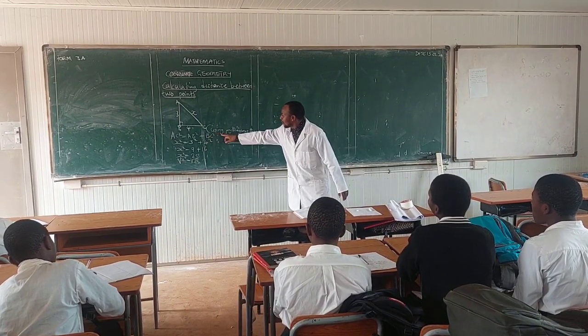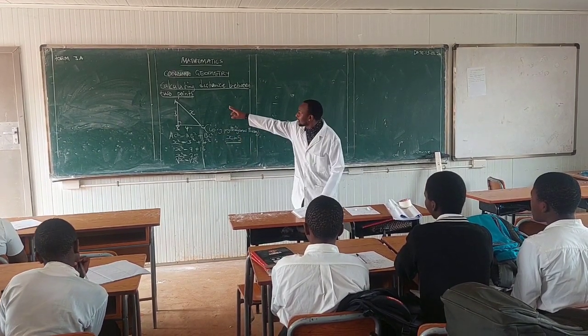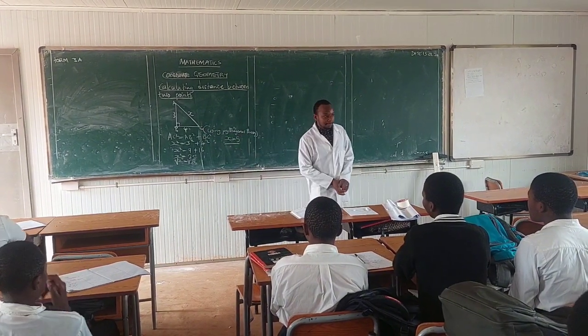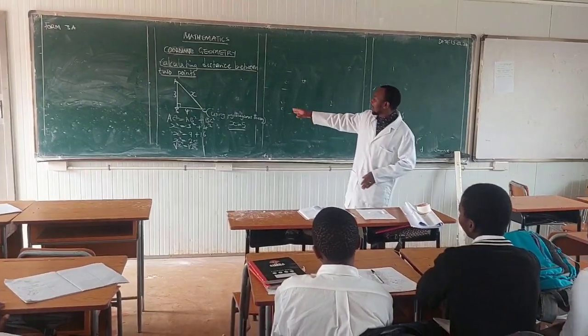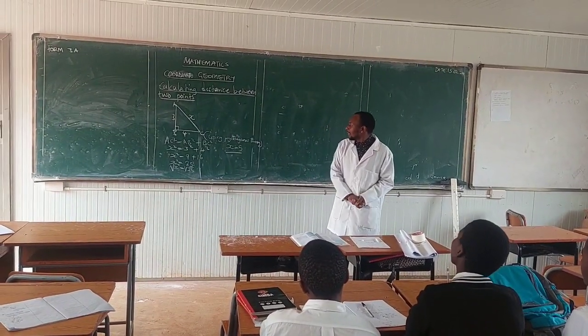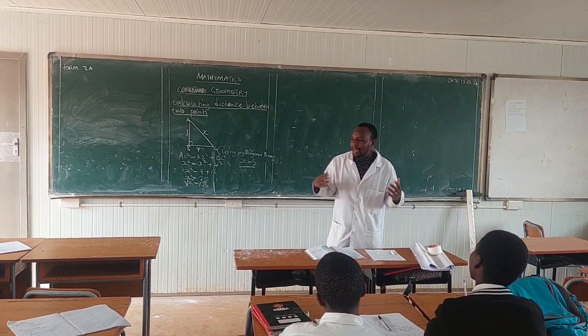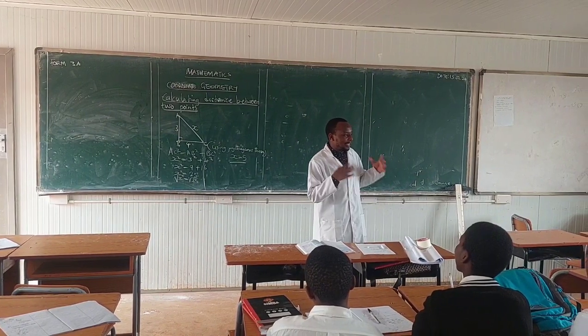According to Robert, which has written here, it means that we have worked out the distance of AC by using Pythagoras theorem. Now, can you give me other ways of calculating a distance?